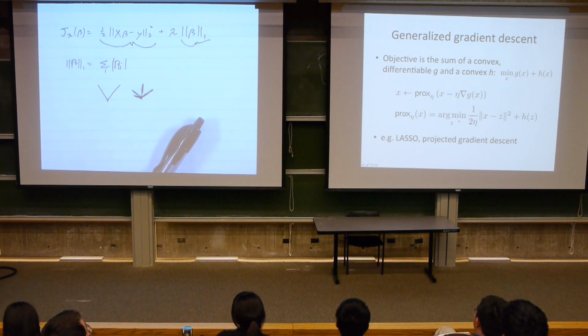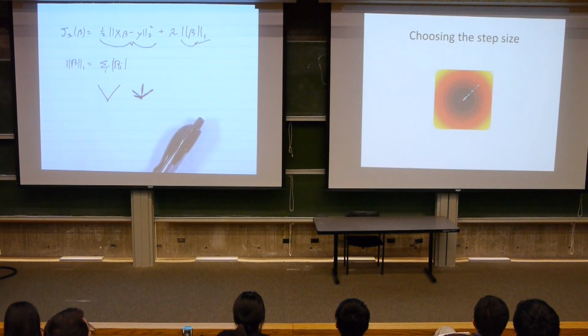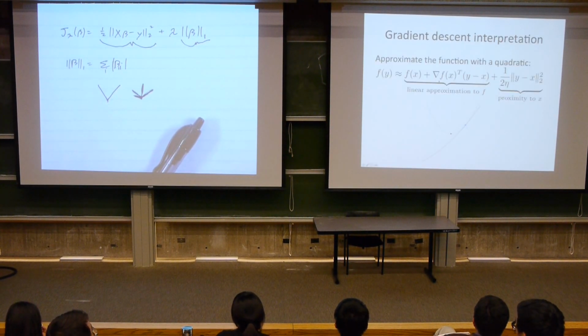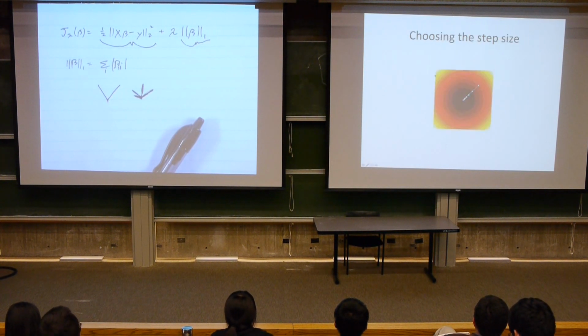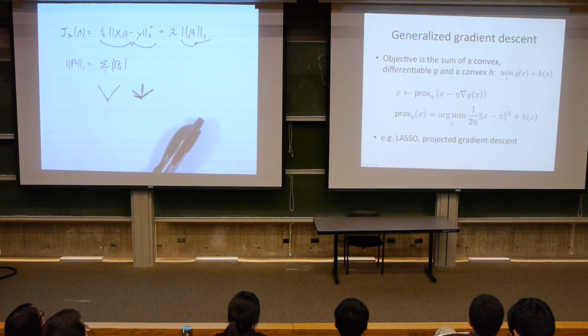There is an intuition for this: way back here, we were approximating with a quadratic based on the derivative. So in generalized gradient descent, we're using a quadratic approximation of the differentiable part, and then we're just adding on this convex non-differentiable part.